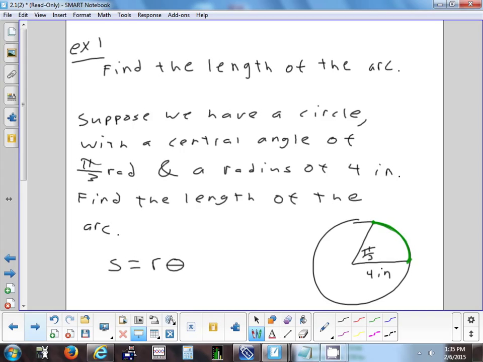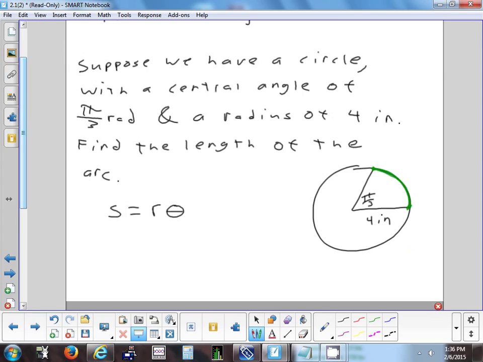The first thing I like to do is write down my formula so I can see what my formula is. And then I'll plug in what they give me. Let's take a look at the 4. Where's the 4 going to go in that formula? For what letter? Yeah, that's the R, radius of 4.